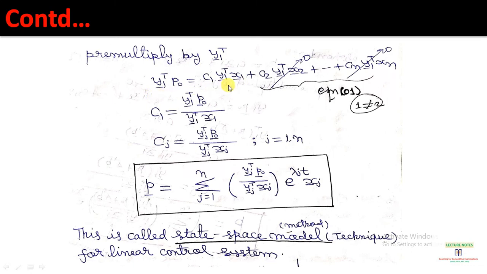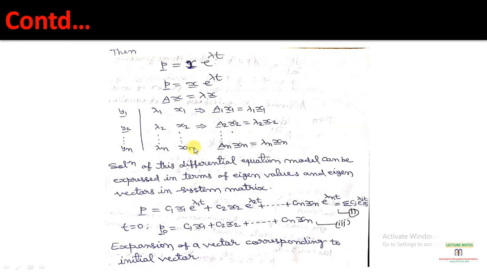By using these terms we have calculated the value of the constant c1, and written in general form cj equals yj transpose p naught divided by yj transpose xj, where j varies from 1 to n. Now we can put this cj value in the previous equation, p equals summation cj e to the power lambda j t xj.